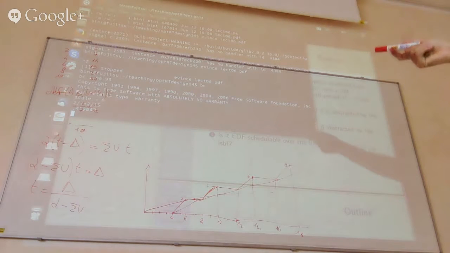How much is the delta of the linear lower bound of the supply function? 4 divided by, how much is alpha?